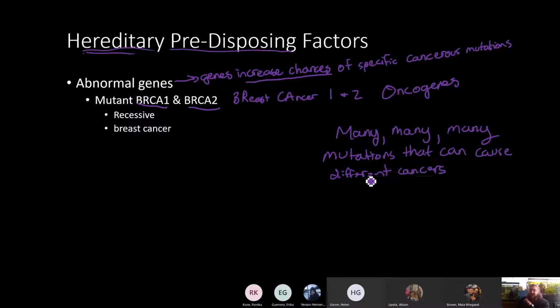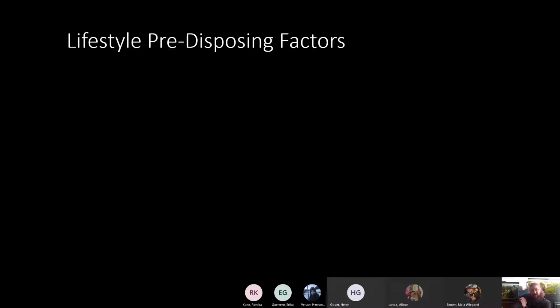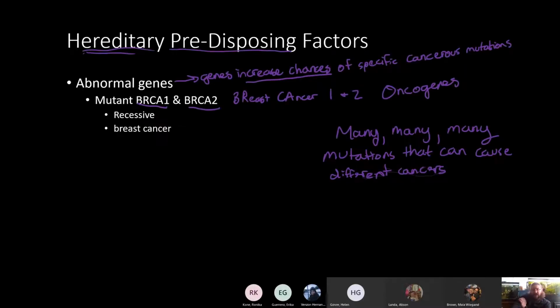Heck, there's different kinds of cancers of the same organ, right? You could have 2 different types of breast cancer. So it just depends on what mutation you have. Got about 15 minutes left. So, oncogenes are dangerous. Mutant breast cancer 1 and 2 genes.